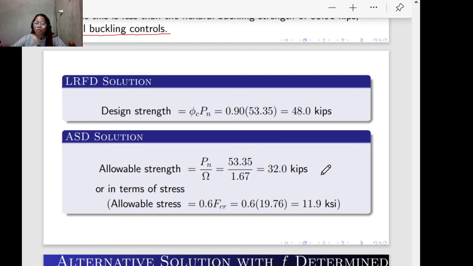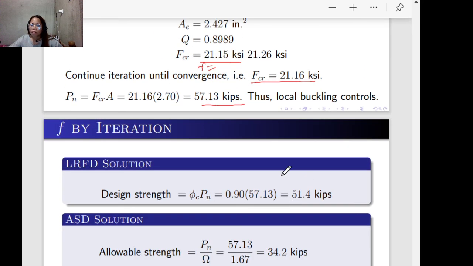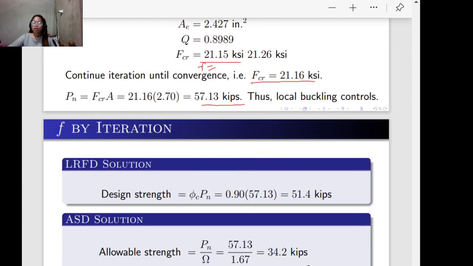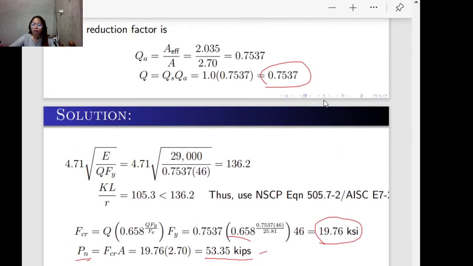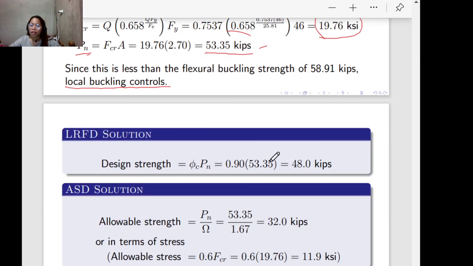By iteration it is greater: 51.4 kilopounds, and for ASD 34 kilopounds. Meaning, using f equal to Fy, the design value is slightly lower than the iteration.